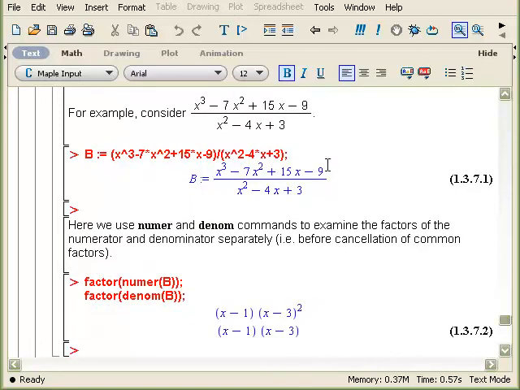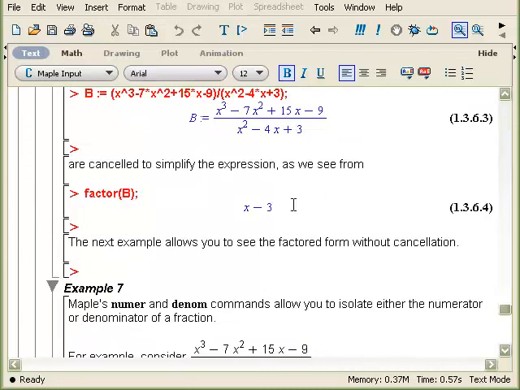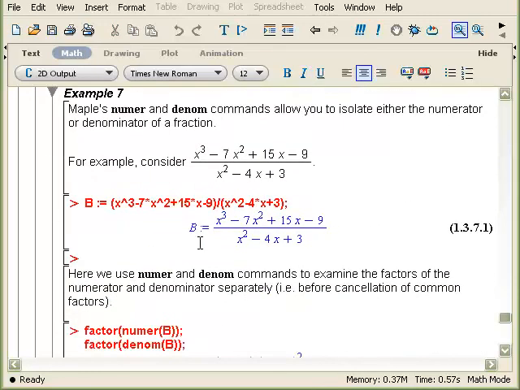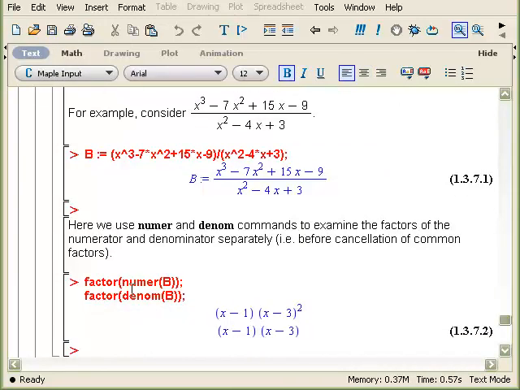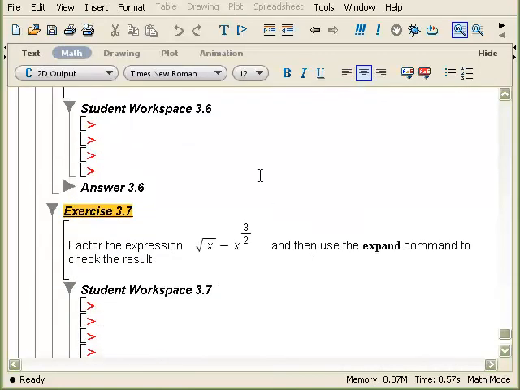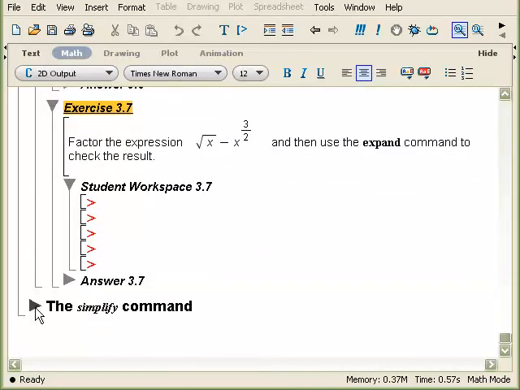If you really want to see the factorization, because in that case we don't know what the real factor is, it's cancelled out, so you need to calculate it. What is the factorization of the numerator? When you want to know the factorization of the numerator only and the denominator only, these are the commands: numer is the numerator of b, and denom is the denominator of the given form. So please do this exercise by yourself.